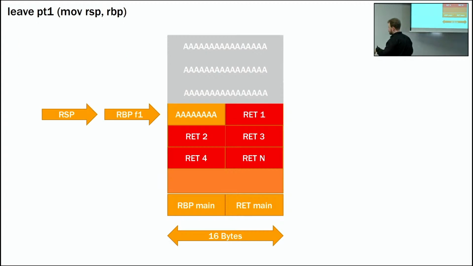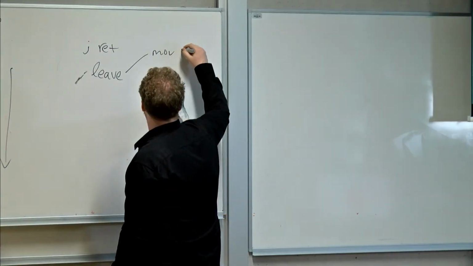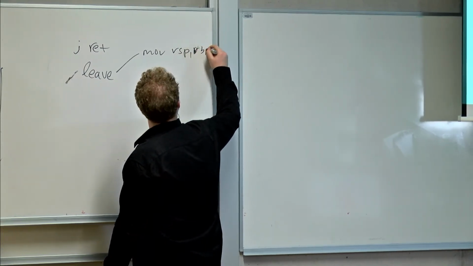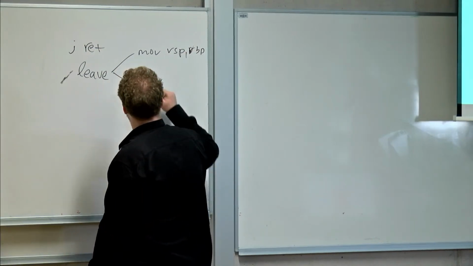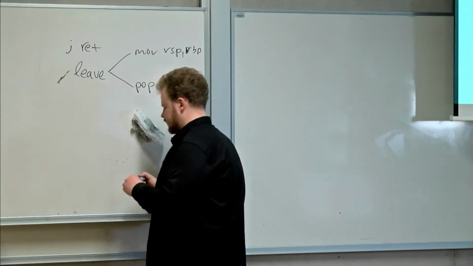Okay, so first the leave instruction gets executed. So basically the stack frame gets reduced, and right after that we have the pop RBP. Leave has two stages.